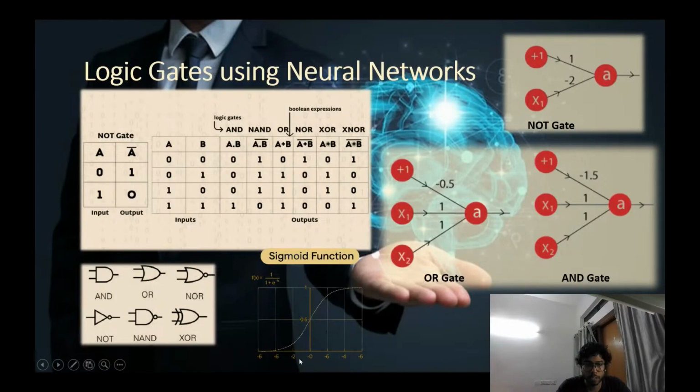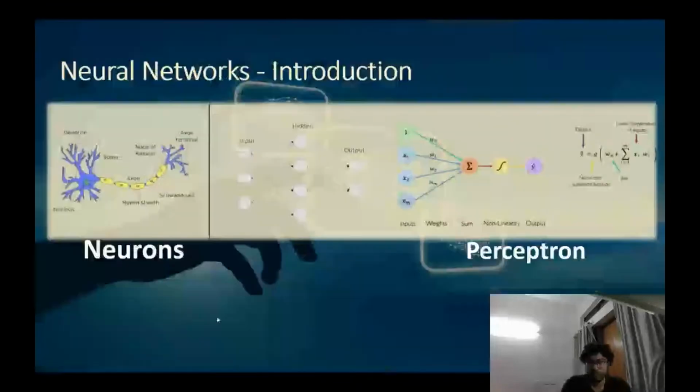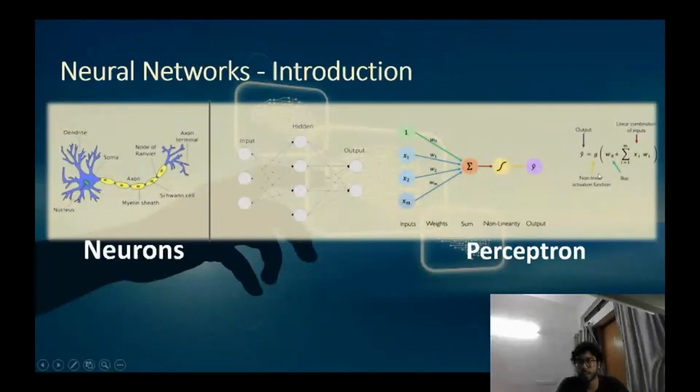Similarly, if it's on the left side, it becomes negative, but this side will be positive, and this side is negative. So if the summation value is positive, then the sigmoid function will output a value between 0.5 and 1. So this is the nonlinear activation function, right? This is the yellow step where you take the function of the summation, right?